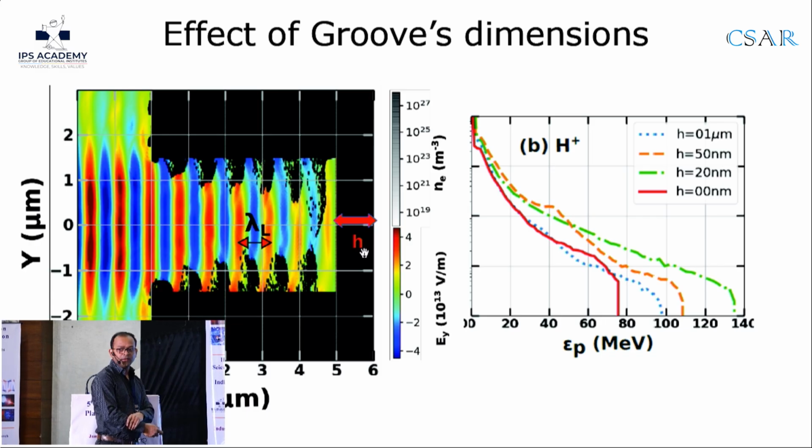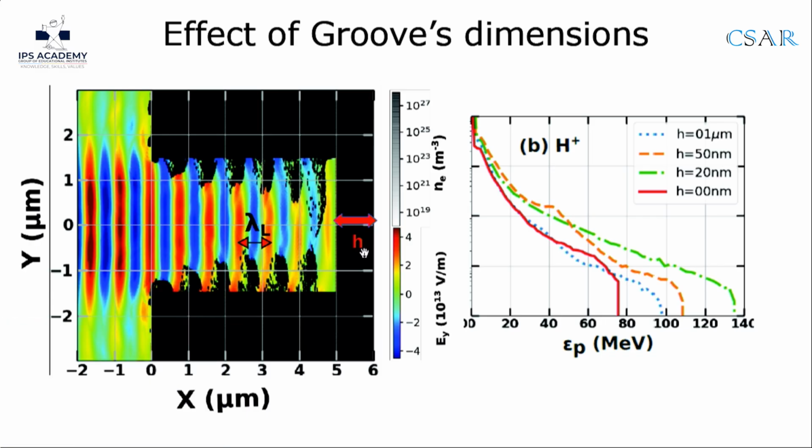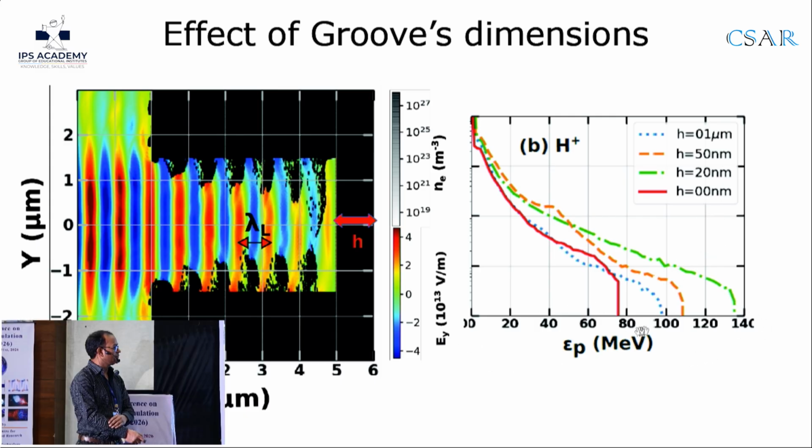drilling in, it is not that the energy continuously increased. What we saw is that after 1 micron or so, there is a sharp increase in the cutoff energy, and after that, if you are drilling through, if it's a complete channel, we saw that the energy is not that much. So it has come from 140 MeV to less than 80 MeV.